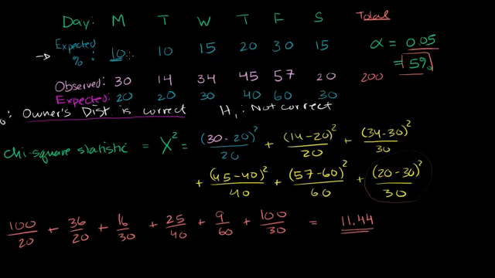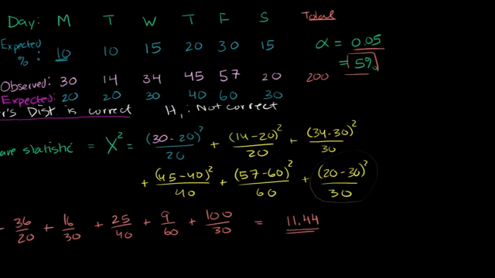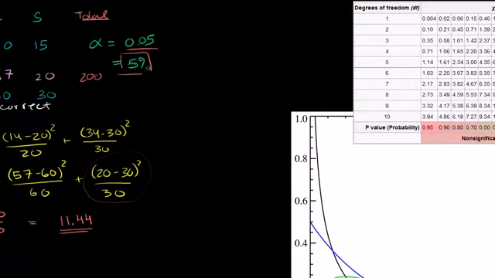When you have n data points like this, and you're measuring the observed versus the expected, your degrees of freedom are going to be n minus 1, because you could figure out that nth data point based on all of the other information. So our significance level is 5%, and our degrees of freedom is also going to be equal to 5.